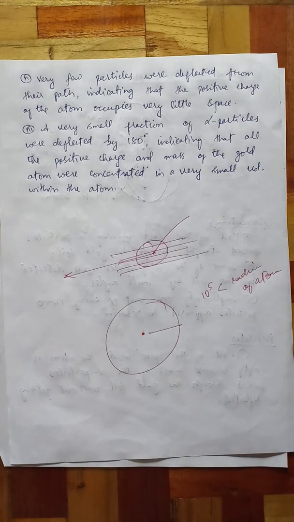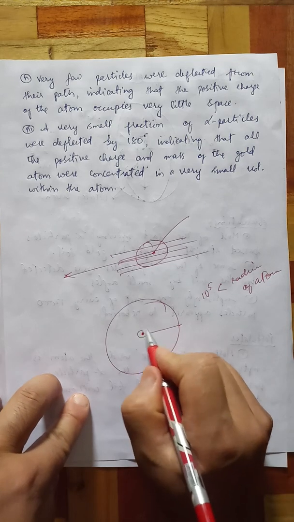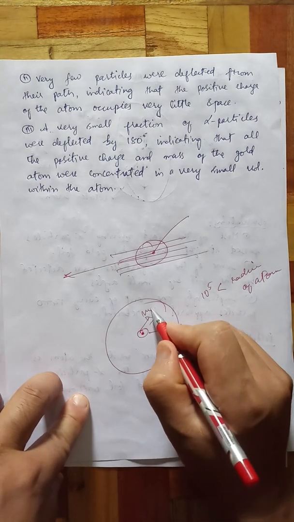On the basis of his experiment, Rutherford put forward the nuclear model of the atom, which had the following features. There is a positively charged center in an atom, which he named the nucleus.